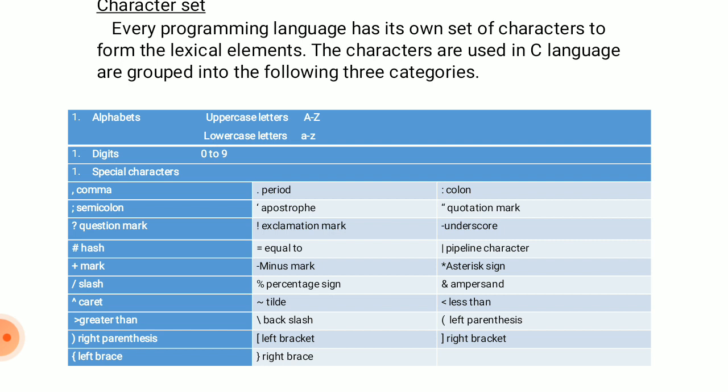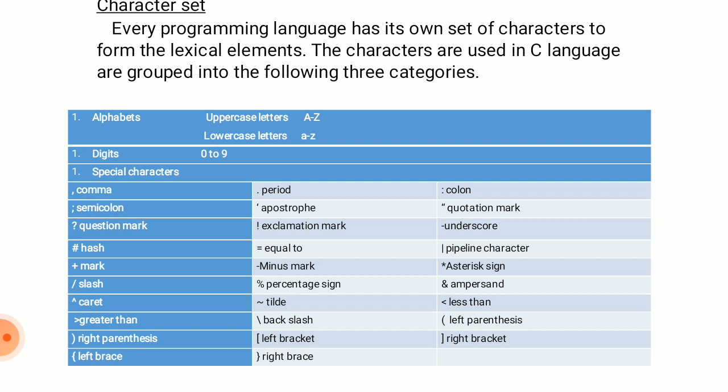Percentage symbol or percentage sign. Ampersand means the and symbol; the and symbol is called an ampersand in programming. Caret means the power symbol that we use. And tilde symbol, less than, greater than, backslash, left parenthesis, right parenthesis, left bracket, right bracket, left brace and right brace. So these are the sequence of characters.